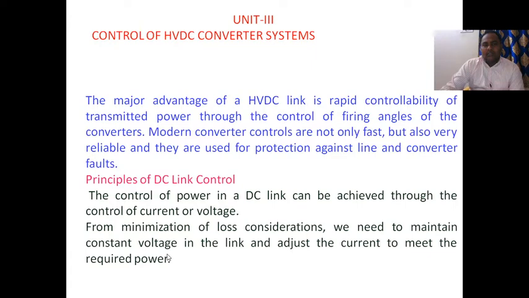Normally, we are using parallel circuits. The voltage must be constant to maintain power quality, so we can adjust the current to meet the required power in any system.